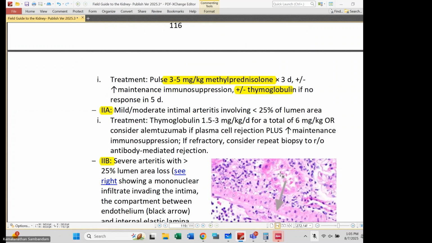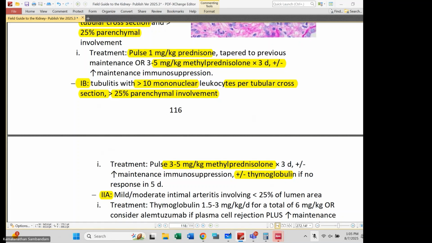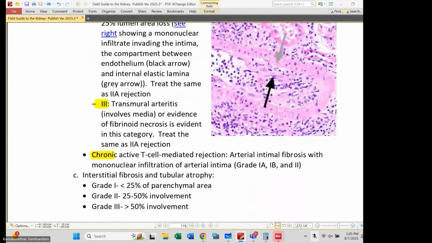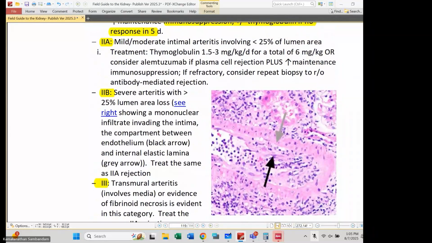Sometimes we're still treating only with steroids with 1Bs and then pulling out the thymo if there is no response in the initial days of steroid pulses. Almost there, almost to the end, stay with me.